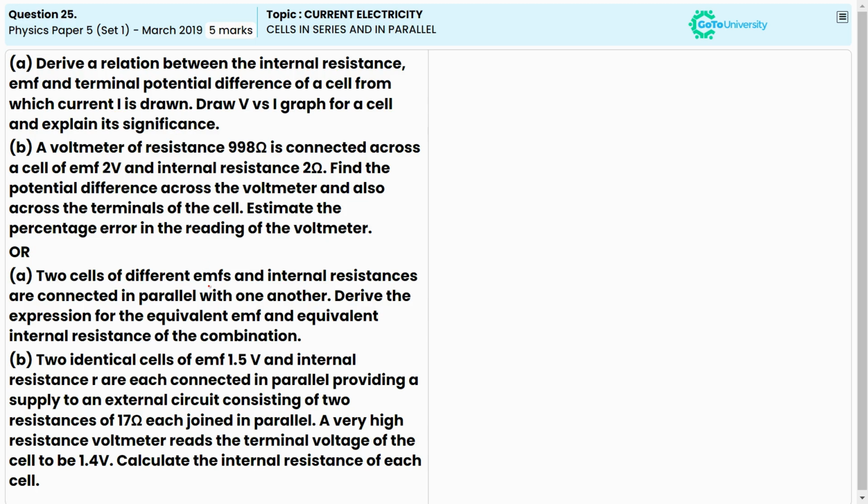Two cells of different EMFs and internal resistances are connected in parallel with one another. Derive the expression for the equivalent EMF and equivalent internal resistance of the combination. If you see this circuit, the two cells are connected in parallel.